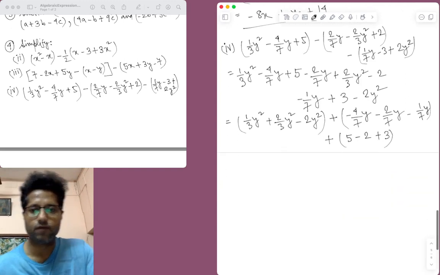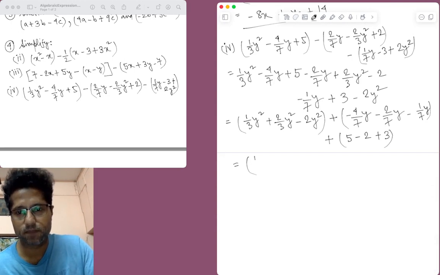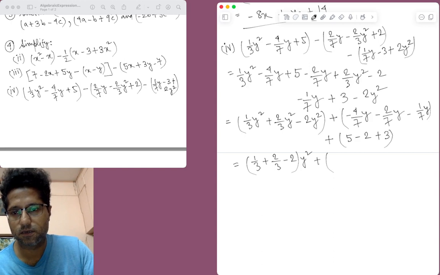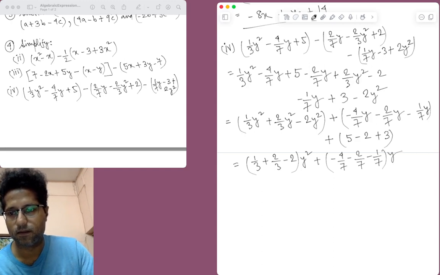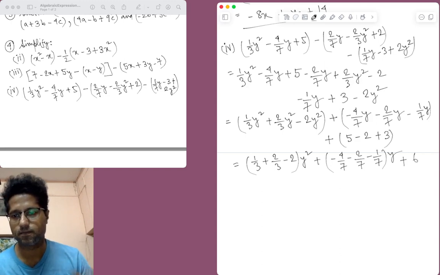Now we will simplify the addition of the like terms, and this becomes (1 by 3 plus 2 by 3 minus 2) y square, and this is (minus 4 by 7 minus 2 by 7 minus 1 by 7) y, and the constant part is 5 minus 2 plus 3, which is 6.